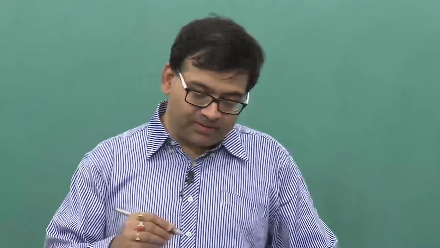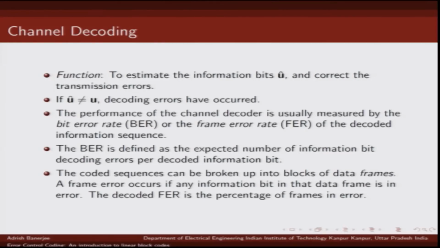As we increase the signal to noise ratio, how does our error correcting code perform? That is one way of comparing two error correcting codes.